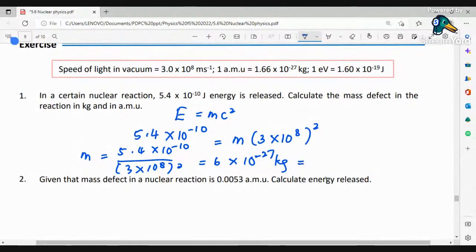You want to change to AMU, 6 times 10 power negative 27 multiply 1.66 times 10 power 27.